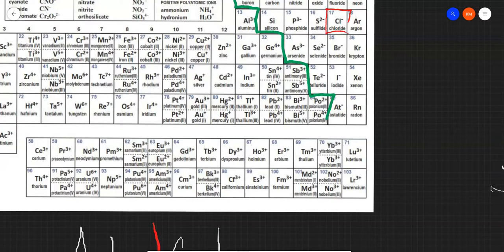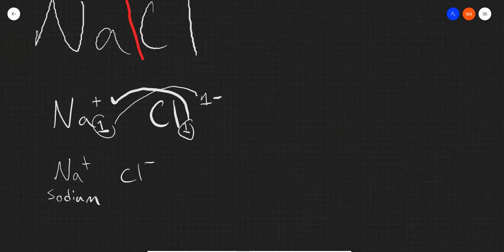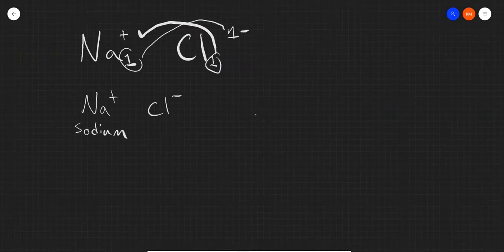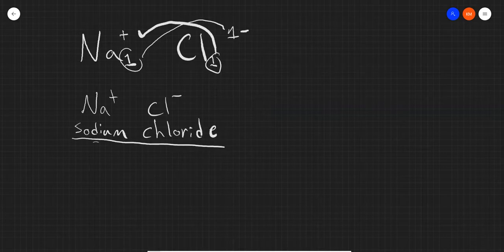Phosphide, sulfide, bromide, chloride, fluoride. And that's because they are anions. All right, so sodium, and the next one is chloride. And there we go. There's the name. Sodium chloride.